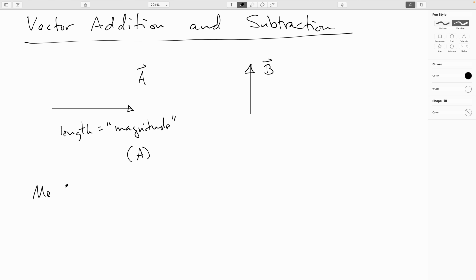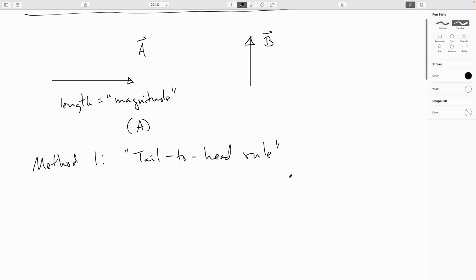So the first way that I'm going to show you how to add these two vectors together to get the total displacement is what's called the tail to head rule. And it's just what the name suggests.